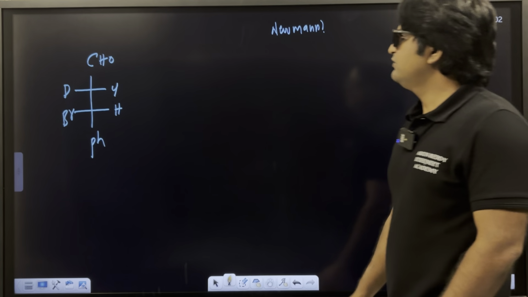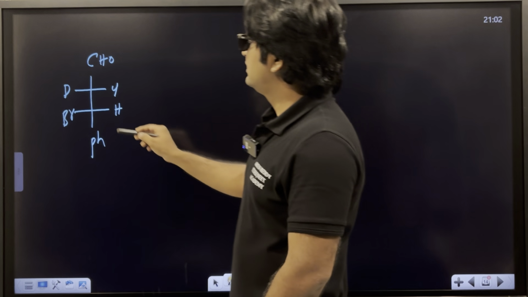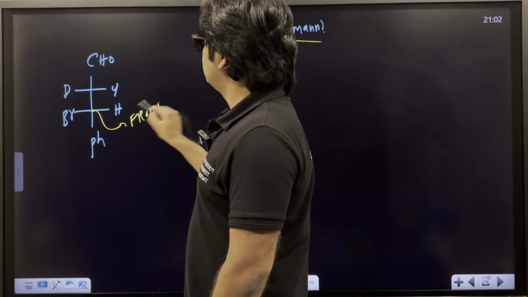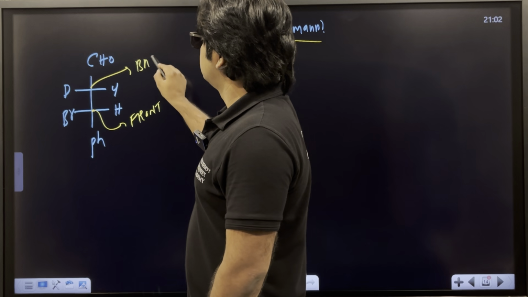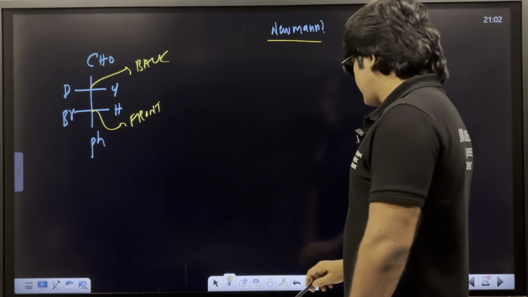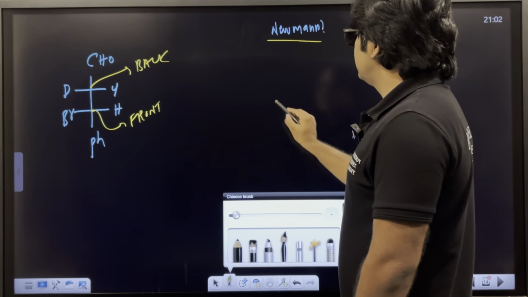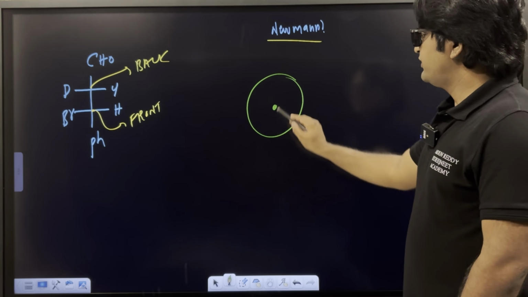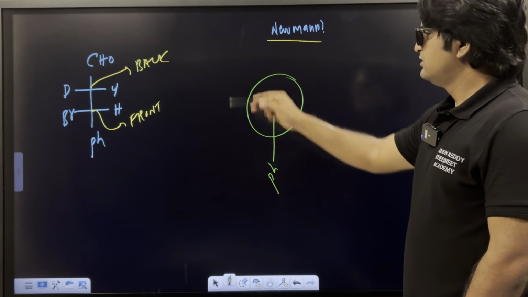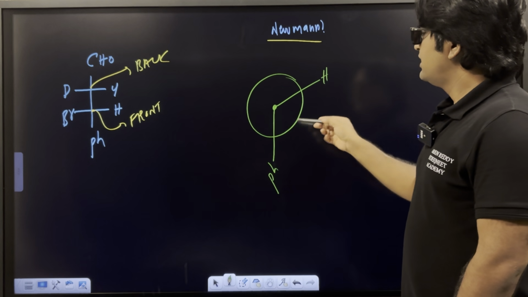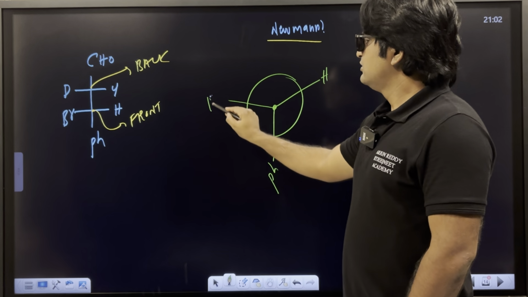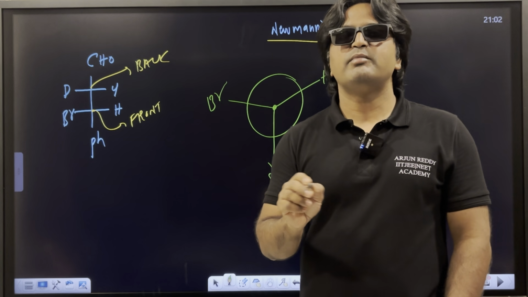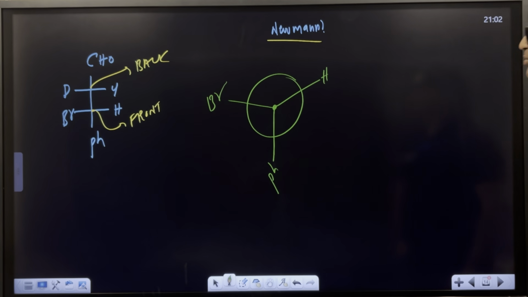Next example, again Fisher to Newman, same thing. Here let this one be the front carbon atom and this one the back carbon atom. In Newman projections we are taking front and back carbon atoms. Okay, at the front carbon atom, downside phenyl, right side hydrogen, left side bromine. Now we should maintain 120 degrees bond angle between any two bonds.